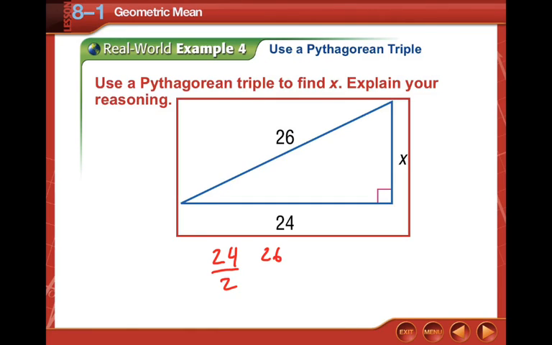So we divide by 2, and we get 12 and 13. So if we wanted to, we could have used Pythagorean theorem this whole time, right? But we know that one of our Pythagorean triples means that the other leg is going to be 5. And now we just need to multiply that by 2 to get 10.